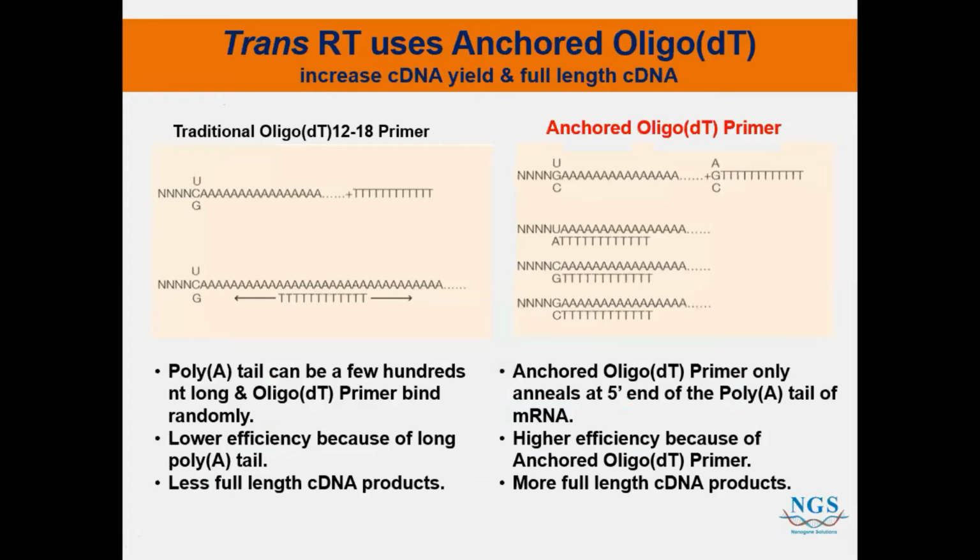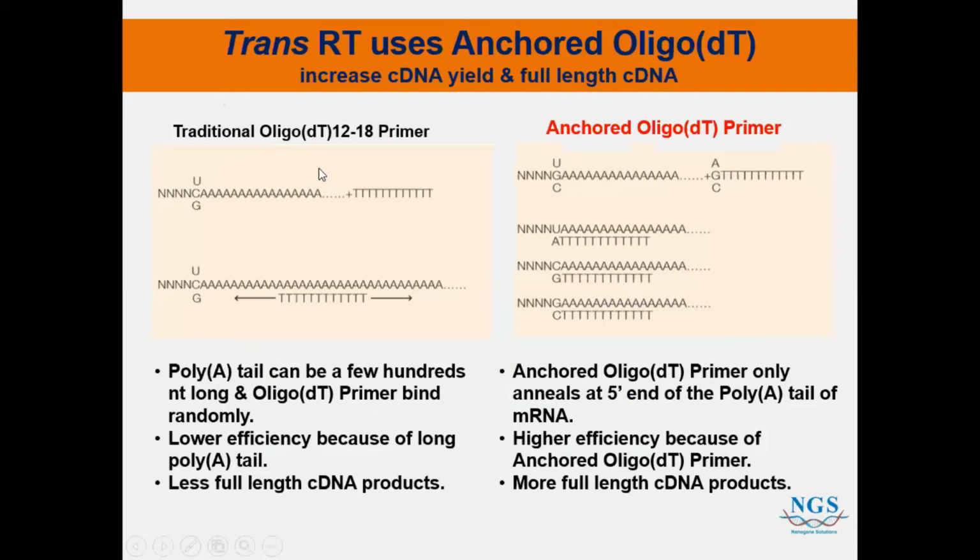So still with cDNA synthesis, okay, we have another special feature by Transgene, where they add this anchored oligo dT primer. Okay, so traditionally for our oligo dT primer, we know that our template has a very long poly A tail.